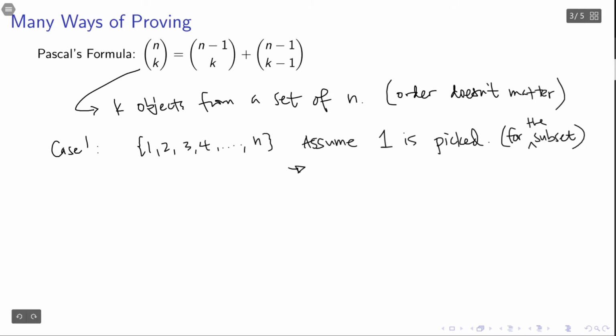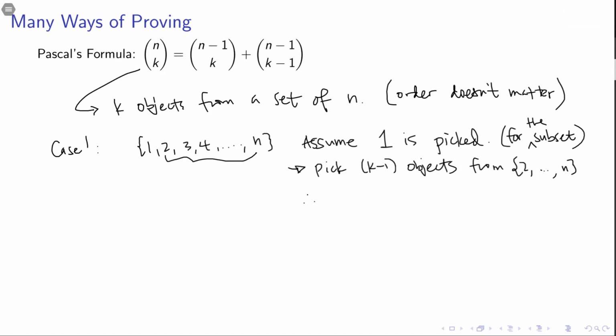This means we need to pick k minus 1 more objects from the rest of this set, from 2 to n, to fill out the rest of the subset that we're forming. So when 1 is picked, in case 1, there are n minus 1 choose k minus 1 such subsets that contain the number 1.